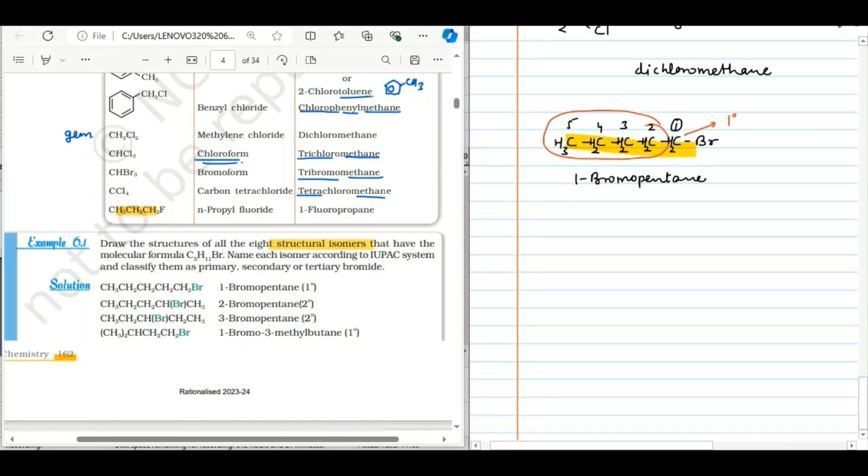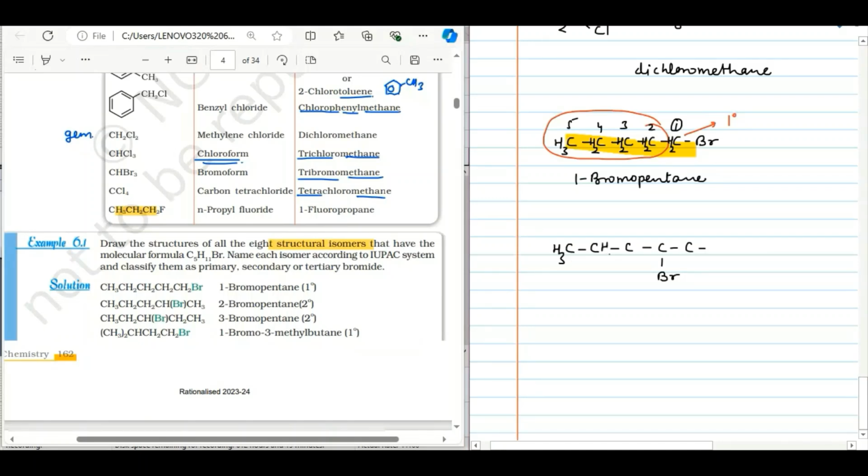Now draw the second structure. First draw the skeletal structure. So there are 5 carbons. Now we can change the position of Br. So here I write Br at the second position. Now balance the hydrogens.